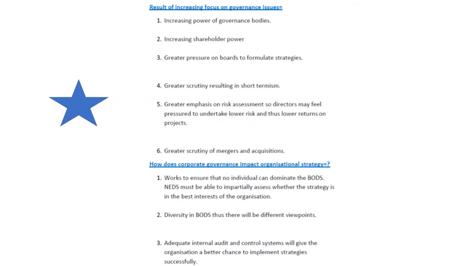So, bringing in corporate governance, yes, as a rule system or as a principles based approach really helps because it defines how the company will be run. So it does affect the strategy of an organization. So if in the case study exam they were to ask you, how will corporate governance affect the company, or how will a well-governed company's strategy be affected by corporate governance, you can bring this into the picture.